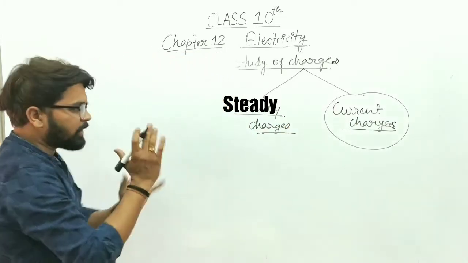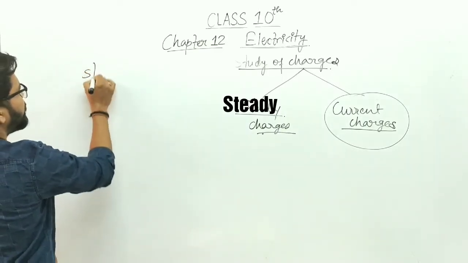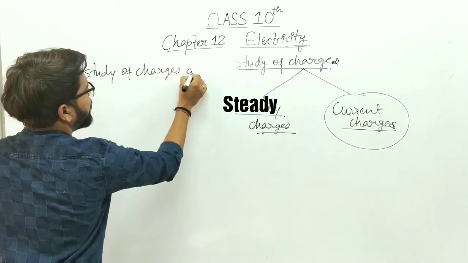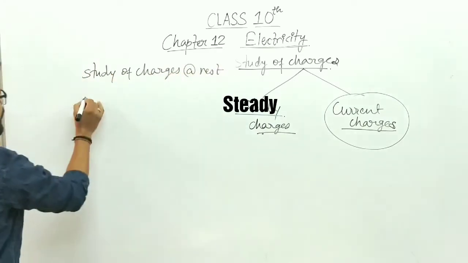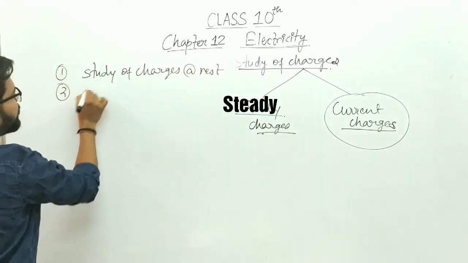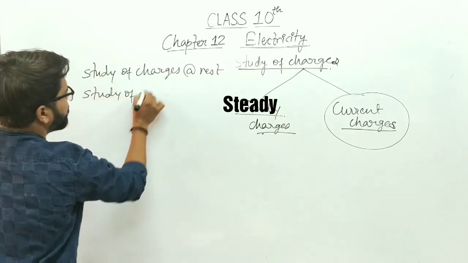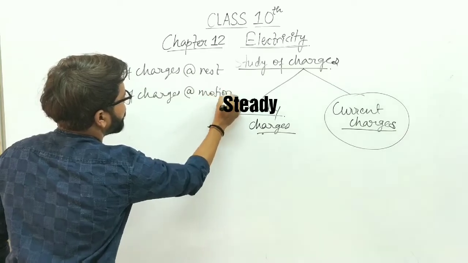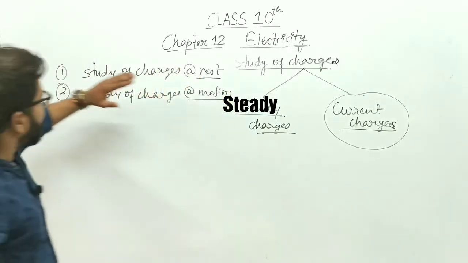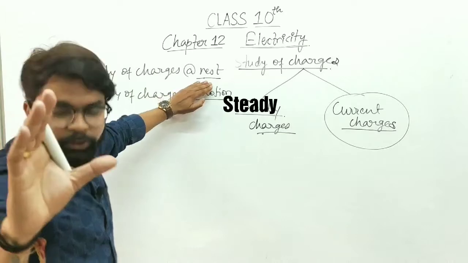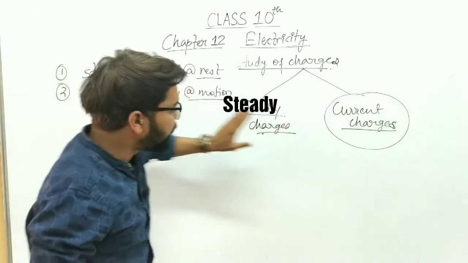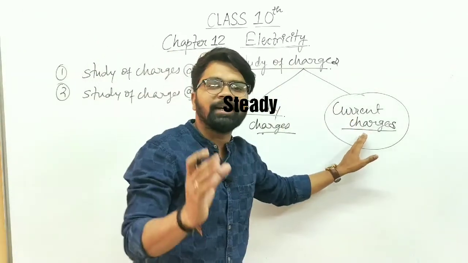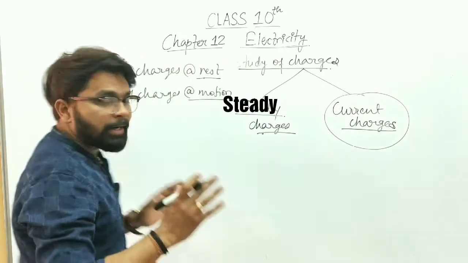So I write here, first, the study of charges at rest, and second, the study of charges in motion. Okay, so the study of charges at rest is called steady current or steady charges, and the study of charges in motion is called current charges or current electricity.